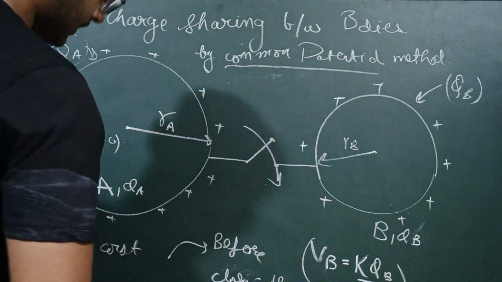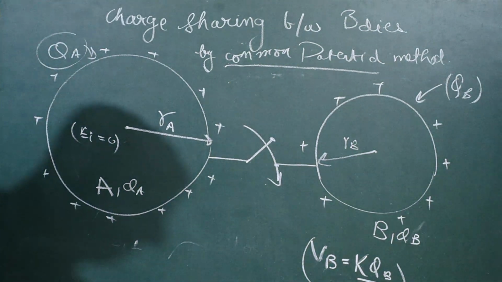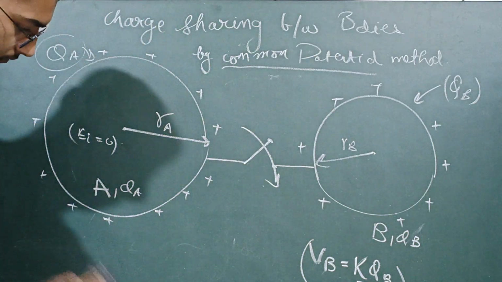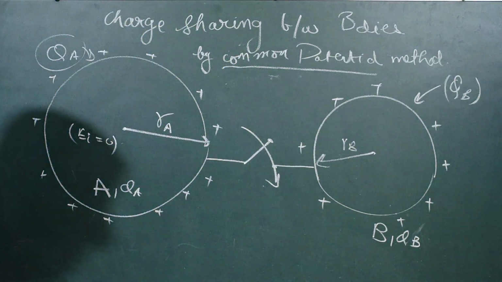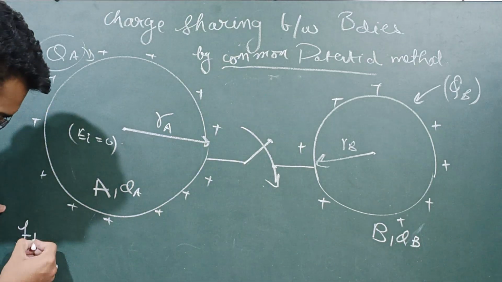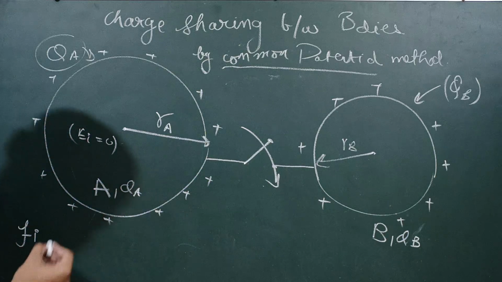So if I ask you a question, I'm erasing the down part. My question is, find the final charge distribution on these spheres after closing the switch.